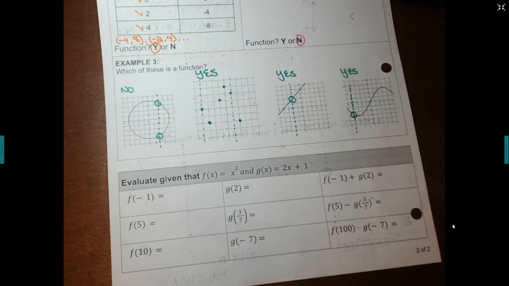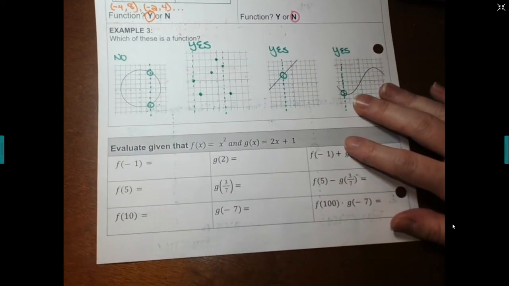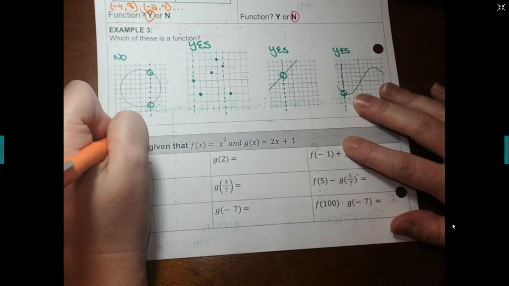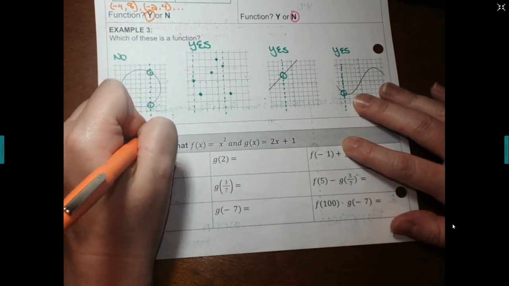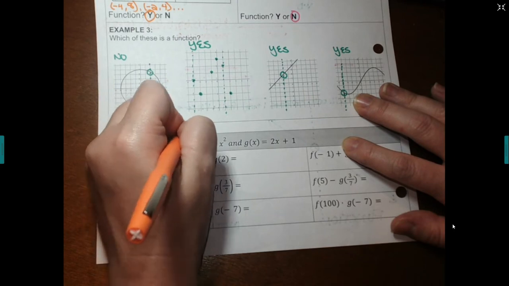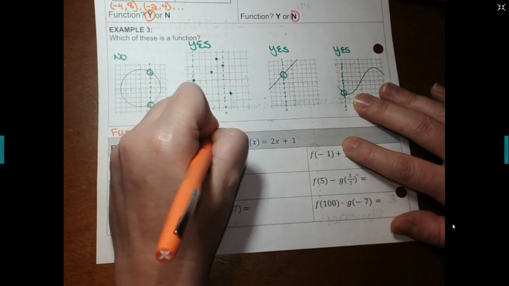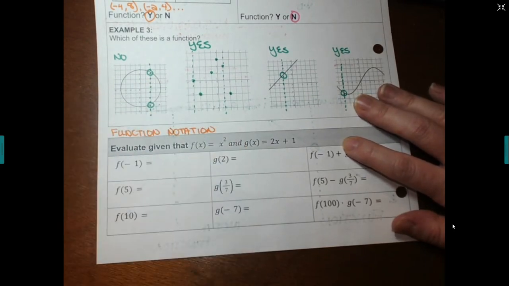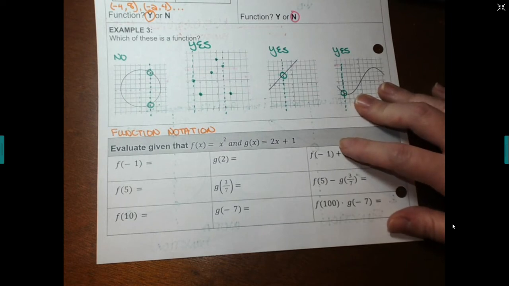Okay, so this part that we're going to talk about is function notation. All that means is writing things as if they're functions.